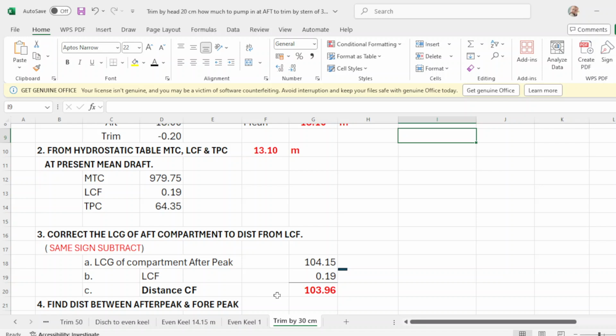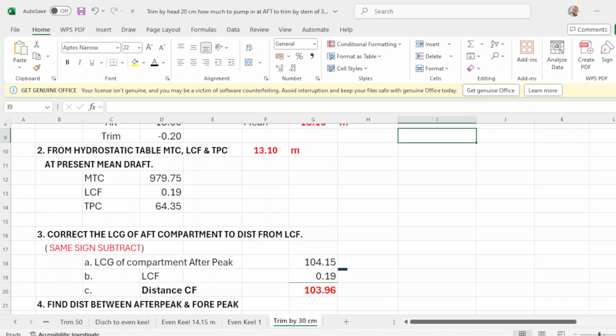This is not necessary, but correct the LCG of the aft compartment, which is the after peak tank, to the distance from LCF. So this is now the LCG of the after peak tank, and your LCF is 0.19, and the distance to LCF is 103.96 from after peak.